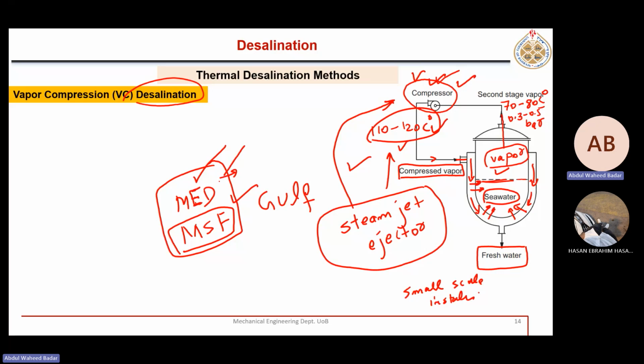Its maintenance is much bigger because you are using spray nozzles and heat exchanger piping, etc. But MSF is just flashing of the steam. So both are used for large scale installations, these two ones. For small scale installations, this is also a very efficient vapor compression desalination system.